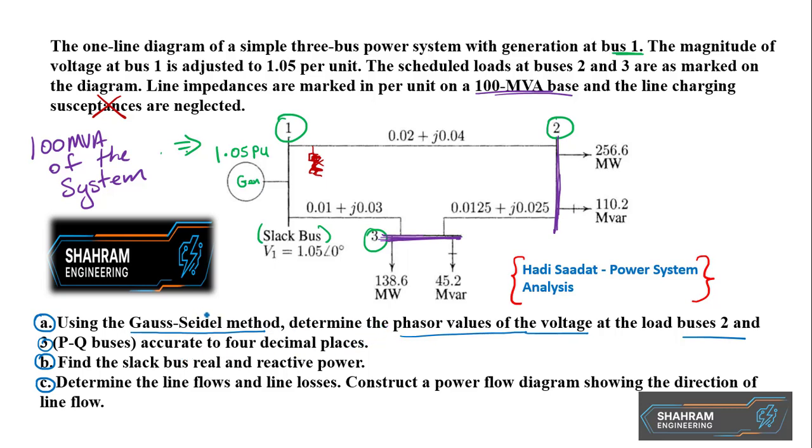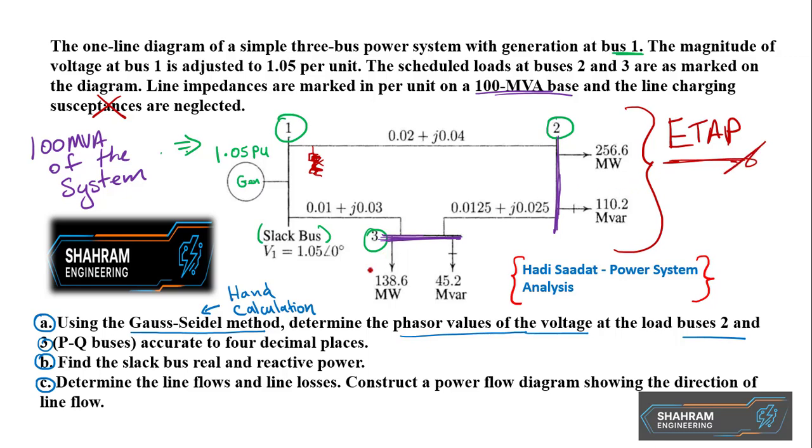Well, this one here is mostly for hand calculation. We'll be doing this in future videos, but as I said, we'll be using the software ETAP to solve for the system, to get the solution in this example.